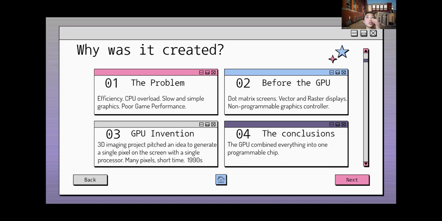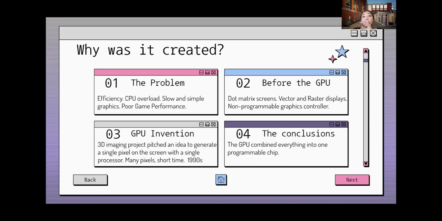Dot matrix screens were like the digital displays that you mainly see on road signs. They were a grid of individual dots that could be lit to form text, images, and symbols, and they were basically LED, LCD, or OLED.